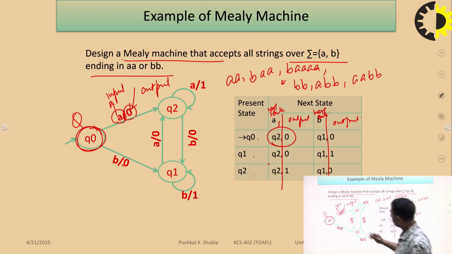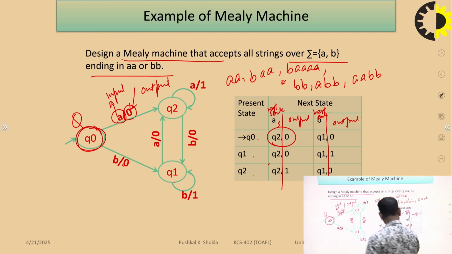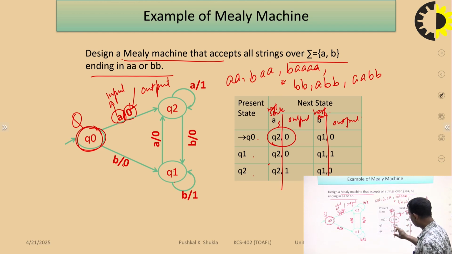Again we see at state Q1, it goes to the Q2 on reading input A and produces output 0. So Q1 after reading input A goes to Q2 and produces output 0.